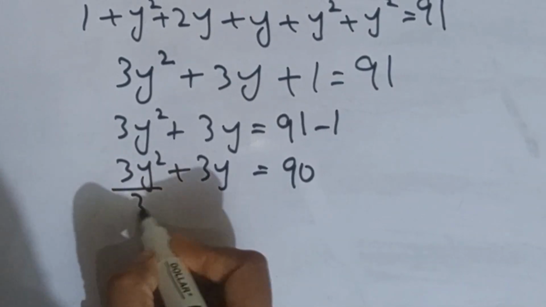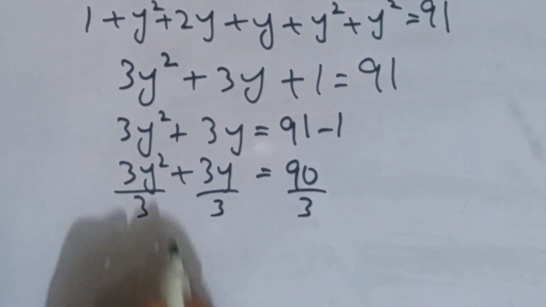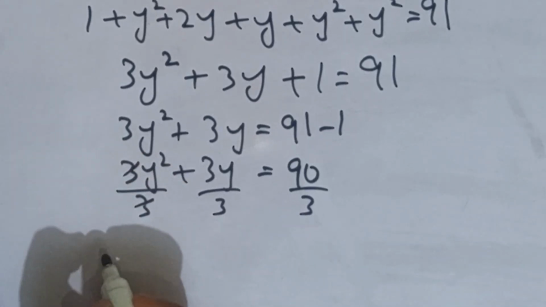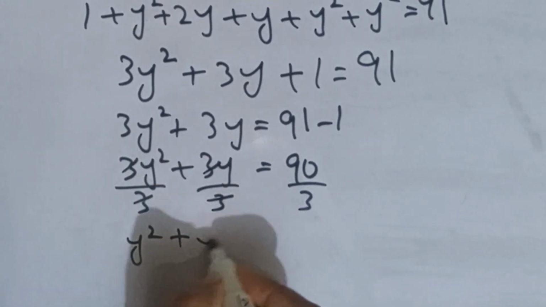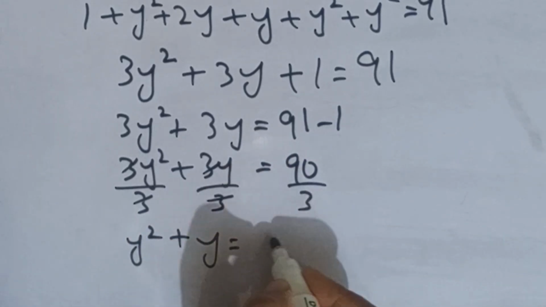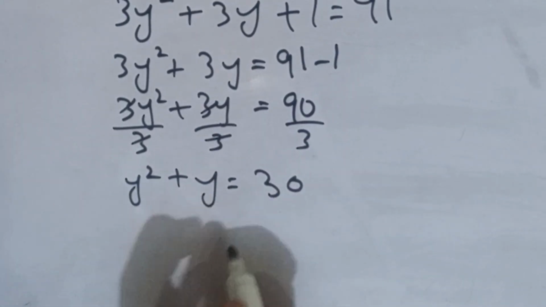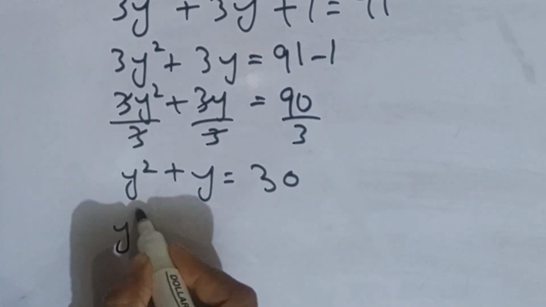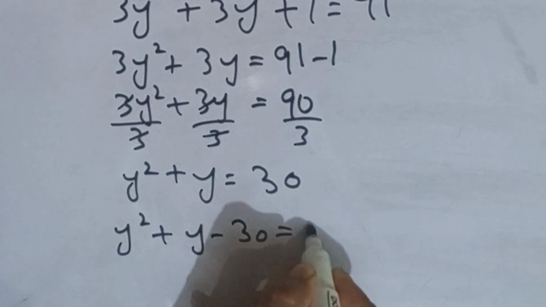So divide this side by 3 and also divide this side by 3. So this 3 and 3 will cancel, we just get y square. This 3 and 3 cancel, we just get y, and 90 divided by 3 is 30. In the next step, subtract 30 on both sides. So we have y square plus y minus 30 is equal to 0.